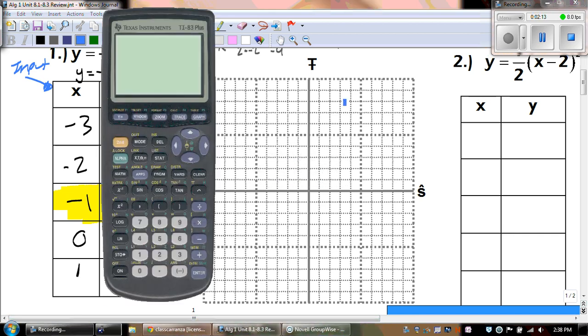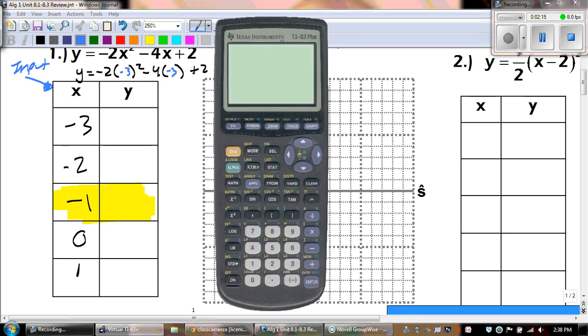Okay? So I'll do one of them together with you. I'll be nice and I won't do the easy one. So we get -2 times, in parentheses, -3 squared, minus 4 times -3, plus 2. And we get -4.